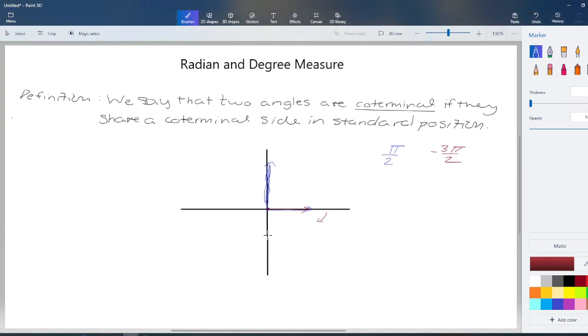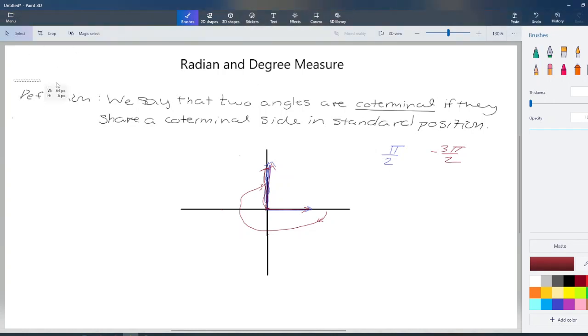So remember this is negative 1 pi over 2, negative 2 pi over 2, and negative 3 pi over 2. So even though the angle is a completely different measure and opens the opposite direction, you can see that its terminal side falls along the exact same place. Okay, so these are one basic example of coterminal angles.